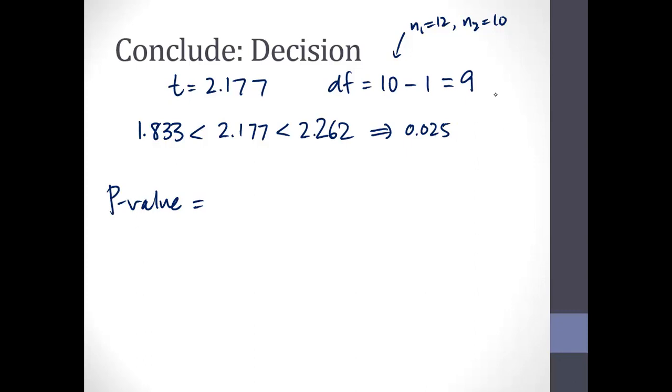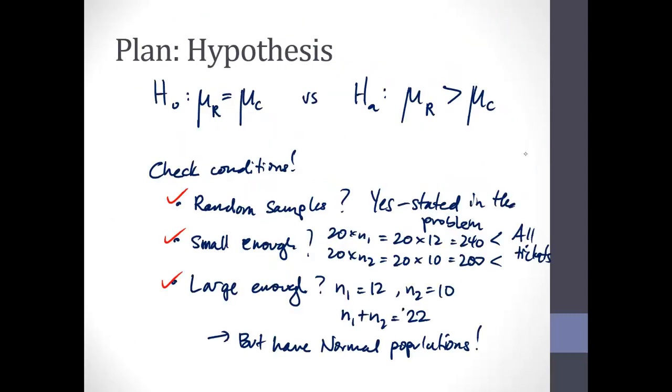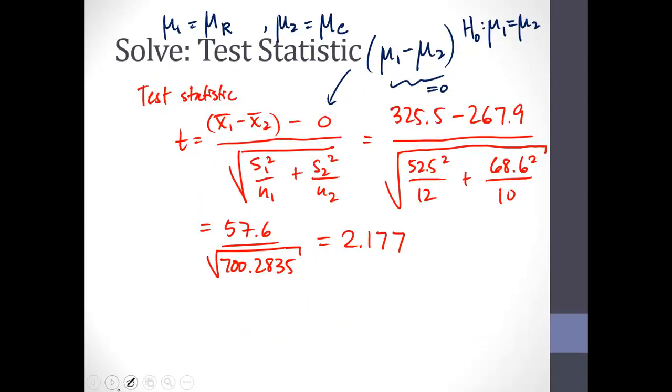Actually, before I do that, just to see if you're paying attention: do I have a one-sided test or a two-sided test? One-tailed or two-tailed test here? Just a one-sided, right? Because if I had a not equal to in my alternative, then I'd have a two-sided. But because I have a greater than, it's just going to be a one-sided test. Very good.